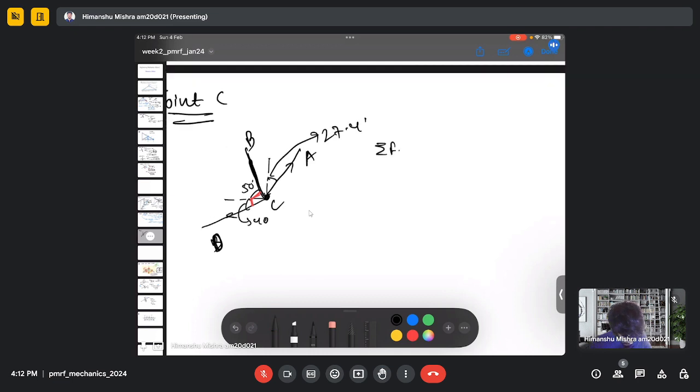So now you repeat the same exercise, force balance in the horizontal component.